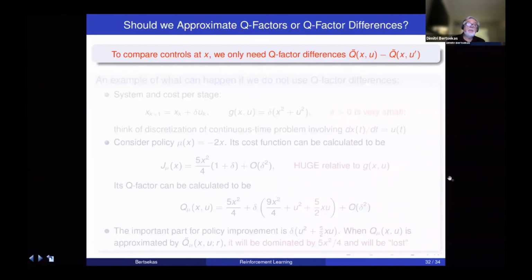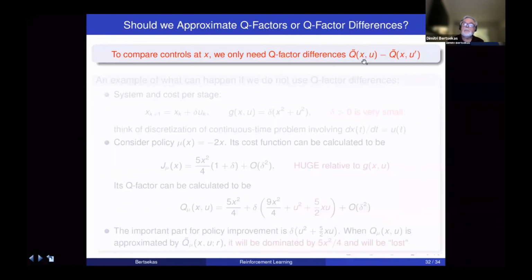Okay, here's another issue that's important. Why do we train? Why do we construct cost approximations, Q-factor approximations? We do it in order to compute controls online by approximation in value space. On the other hand, to compare controls at a state x, it is sufficient to have the Q-factor differences.